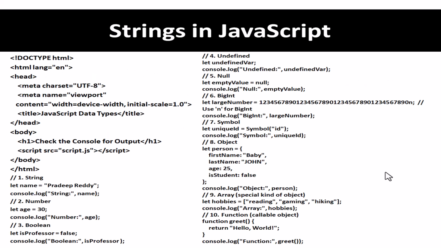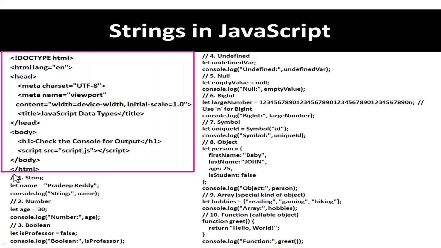So now here is one example for strings in JavaScript. The first thing is, here I am going to create a particular JavaScript in the HTML. All these things I am going to represent in the JavaScript. So here I am going to place a script.js.